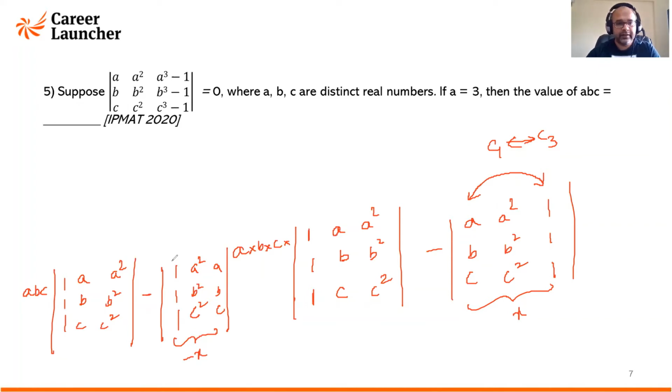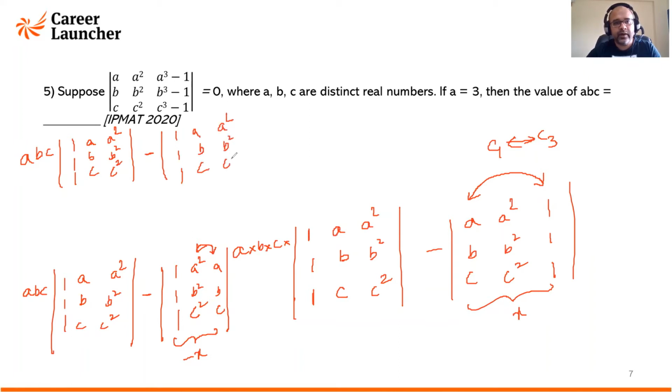Okay, remember that. Now, what will I do? I will now interchange column 2 and column 3. So what do I get when I do that? I will have A, B, C, and I have 1, 1, 1, A square, B square, C square. This will be as it is, minus 1, 1, 1, then A, B, C, A square, B square, C square.